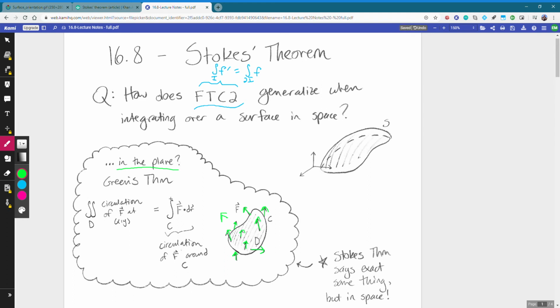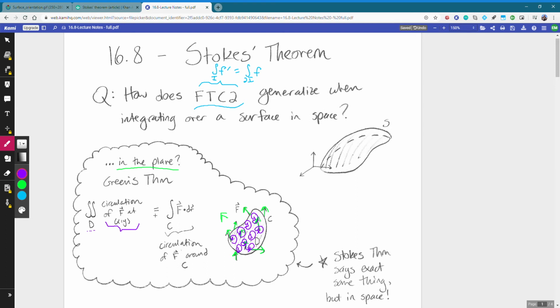And thinking physically, Green's theorem told us that we could either go through our whole region, adding up the circulation of our vector field at each point. And so this was the picture where we could go through every point in our region D and add up the circulation of our vector field at that point.